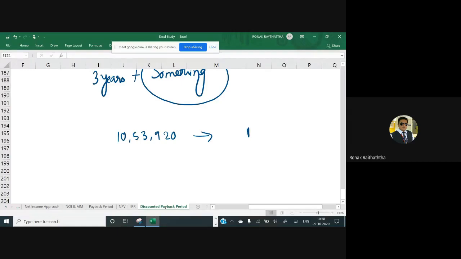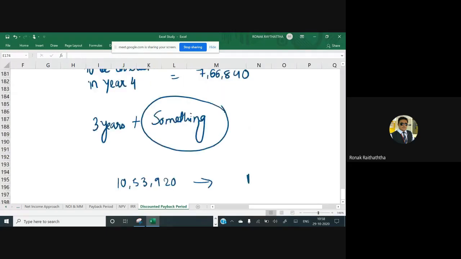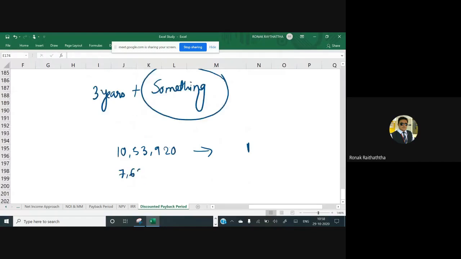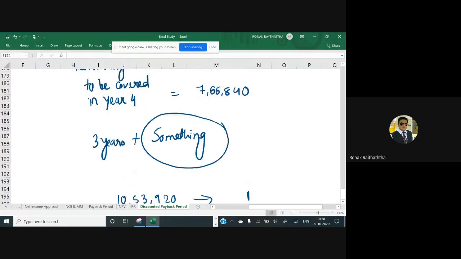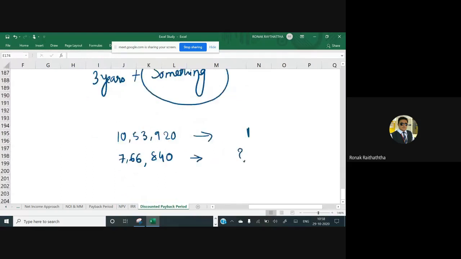But our pending amount is just 766,840. So what portion of year will be taken by this amount to be covered up, right? For that we would just do the cross multiplication.